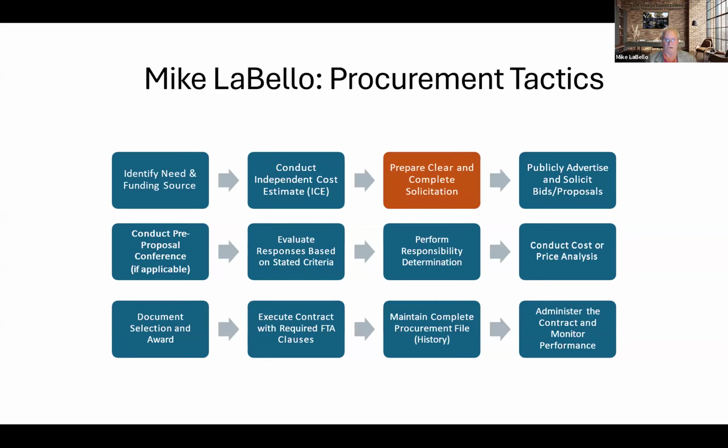That is a no-no for FTA. An example of limiting competition would be putting brand names in your solicitation. That by its very nature would allow certain firms the project scope or specifications that are applicable. An invitation for a bid or an RFP.